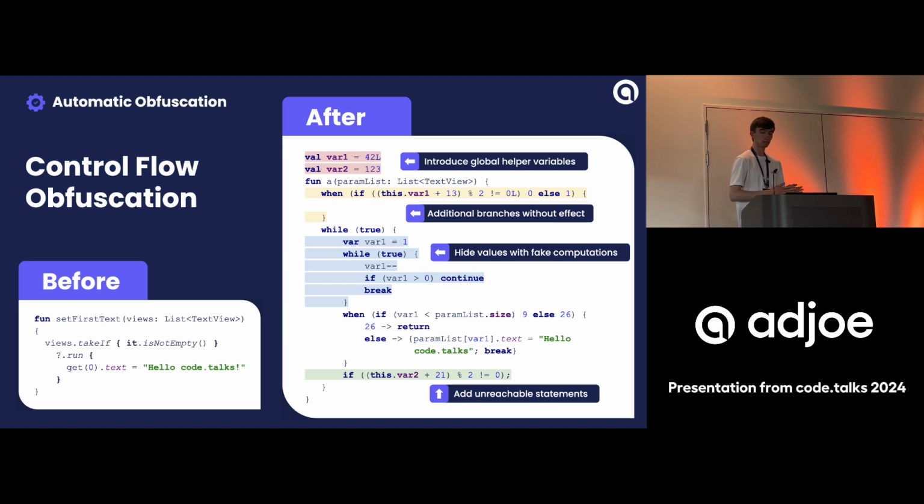Another thing that control flow obfuscation often does is hiding constants. Constants are always nice. They should tell you what is going on. So we want to hide them. As you can see in this example, we are using the constant 0 to get the first element of our list. And this is hidden inside the code that's highlighted in blue.